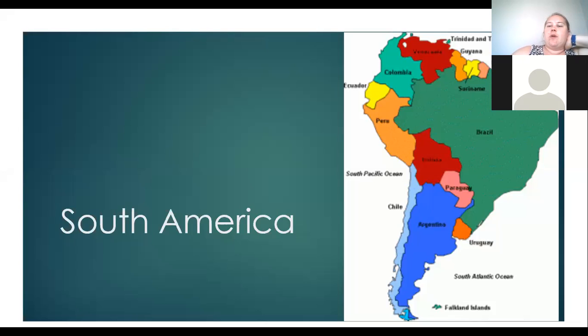So we're talking about South America today, and this is just a map of the different countries in South America. So you got Brazil is the biggest one right here. You got Argentina, Uruguay, Chile, and that is South America.